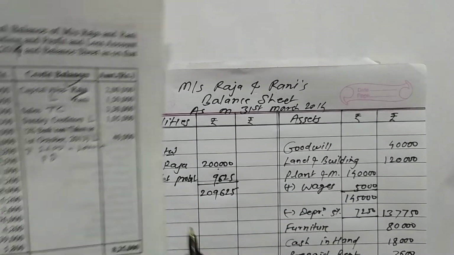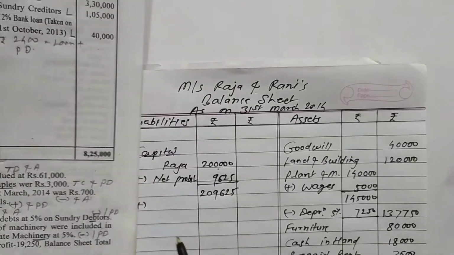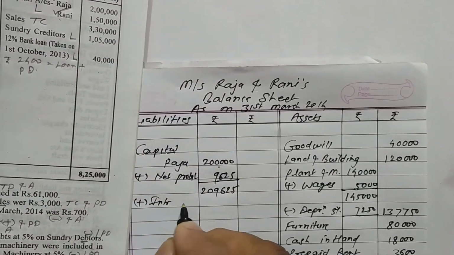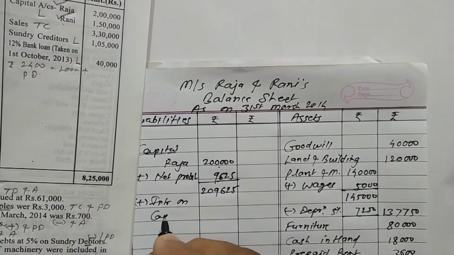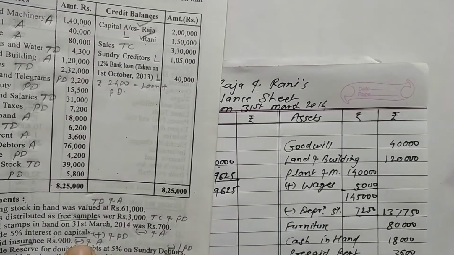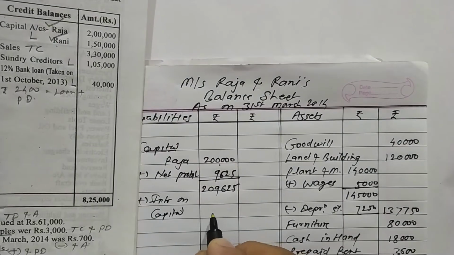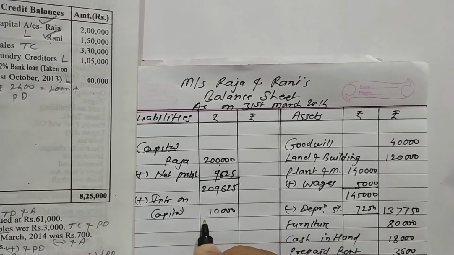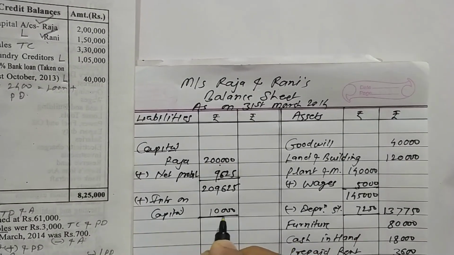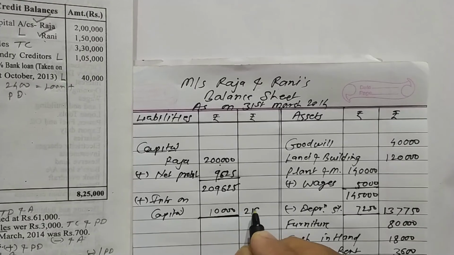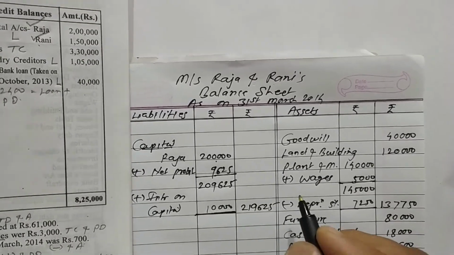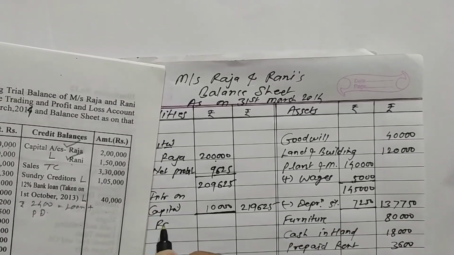Again we have to add interest on capital at 5%. Interest on capital is always 5% on opening capital of 2 lakhs. 5% on 2 lakhs is rupees 10,000. Additions come to 2,19,625.